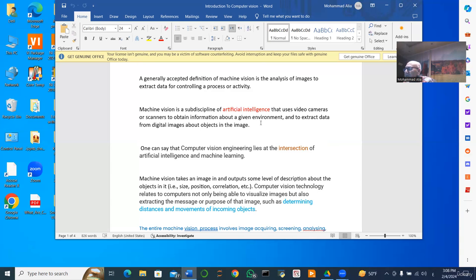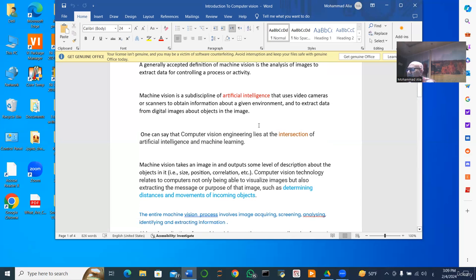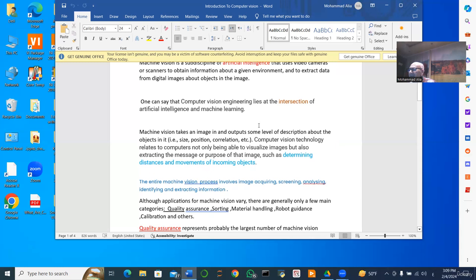So I want to say, in other words, that this subject includes the application of deep learning and machine learning algorithms, especially when it comes to measurements and pattern recognition or pattern matching. Some other engineers consider this course as a course at the borders, at the intersection of artificial intelligence and machine learning.